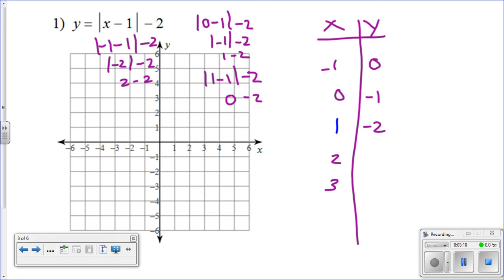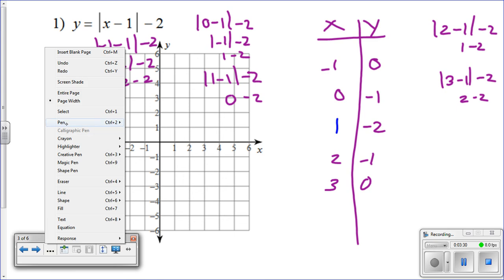So if I plug in 2, absolute value of 2 minus 1, minus 2, so that's 1 minus 2, that gives me an output of -1. Let's put in 3. 3 minus 1, absolute value, minus 2, so that's going to give me 2 minus 2, 0. Okay, now let's just graph it.